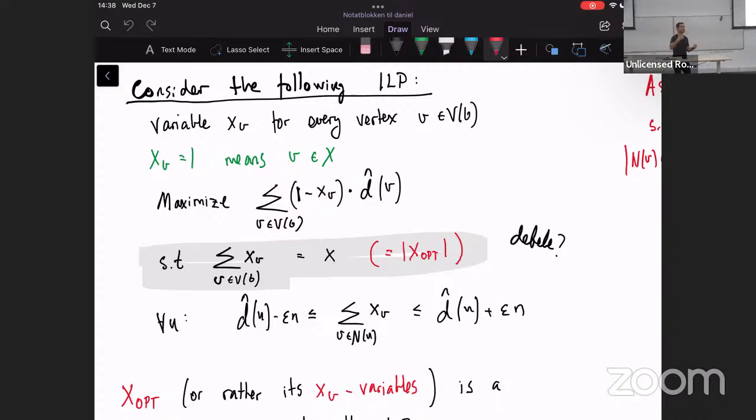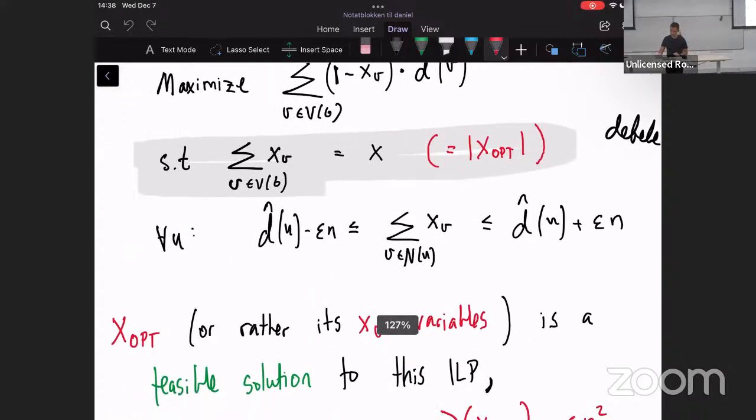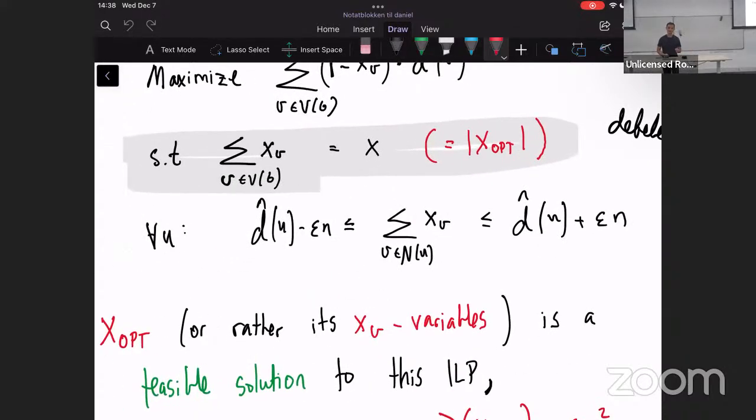The degree estimate into X. If I pick the vertex, I get paid nothing. Yeah. And what are the constraints? The constraints are that if I look at the vertices that I do pick, the degree of every vertex into the vertices that I do pick is close to the estimate of the degree of the vertex into X.